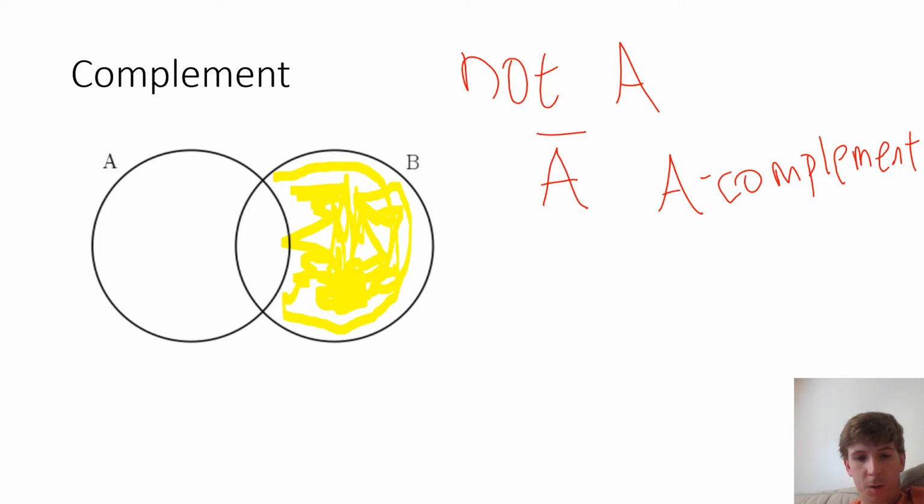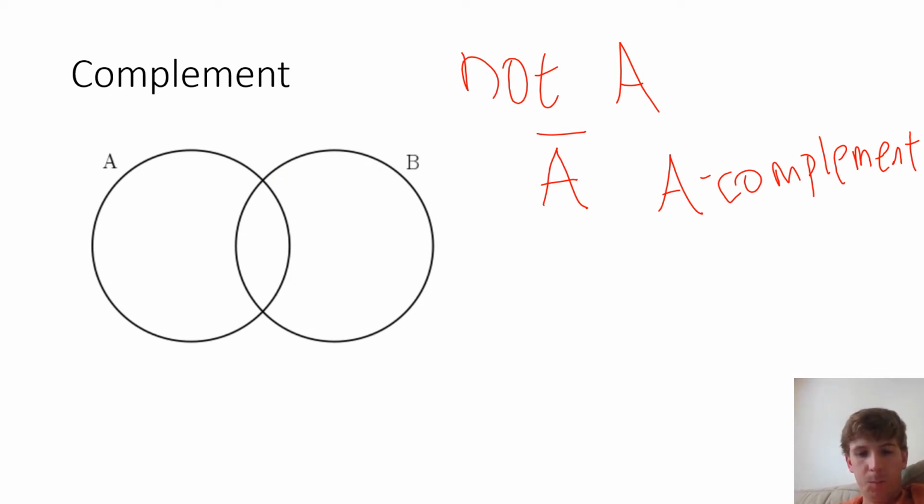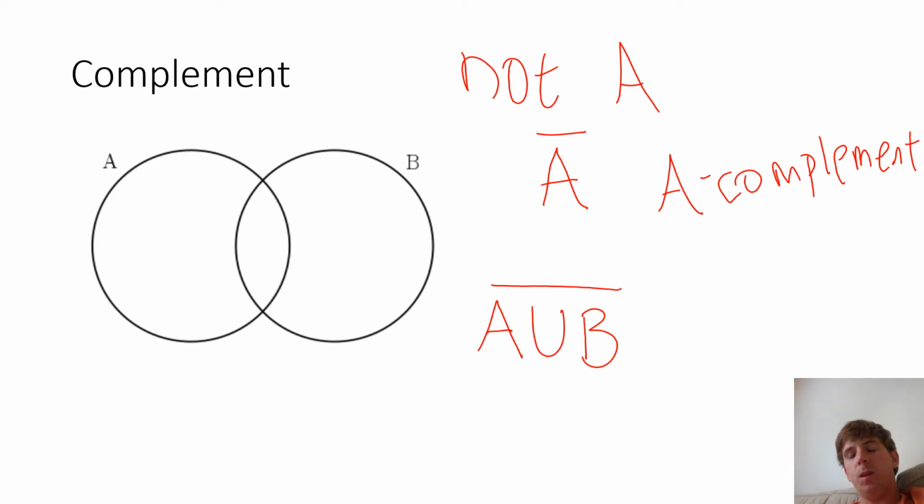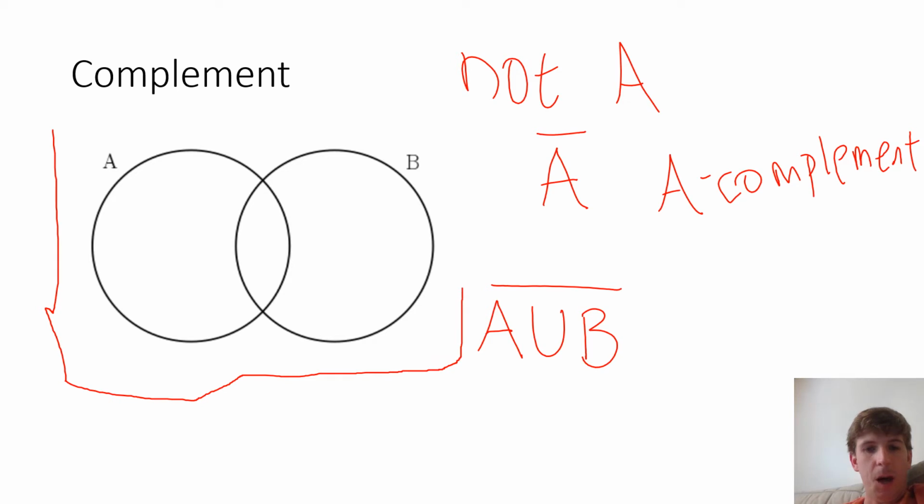Another thing we could do is, let's say we had A union B. Remember, when we had A union B, that was the entire filled in Venn diagram, but this is A union B complement.